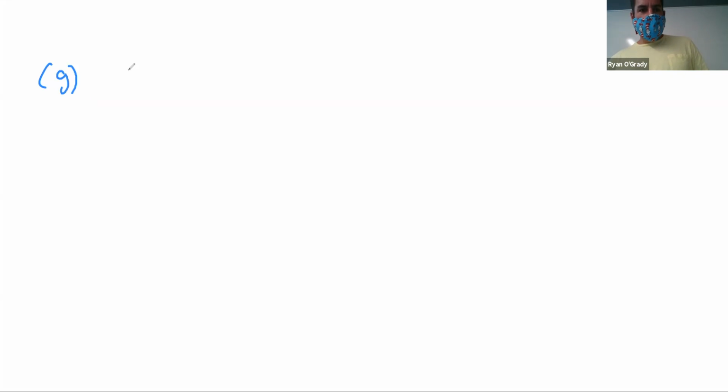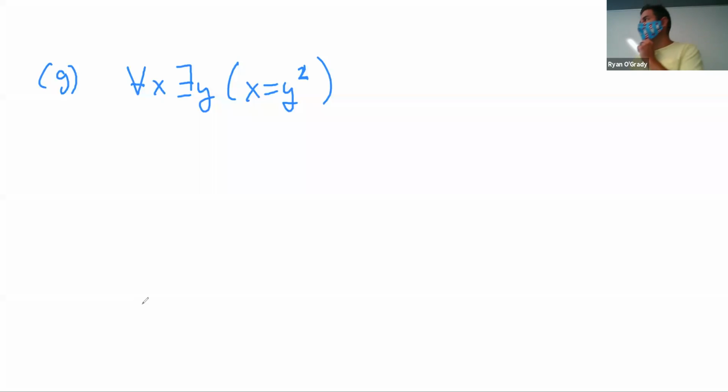So now we have this beautiful statement. For all X, there exists Y such that X equals Y squared. I think this is the problem we actually did last week. Either way, we're going to do it again. How should you read this?